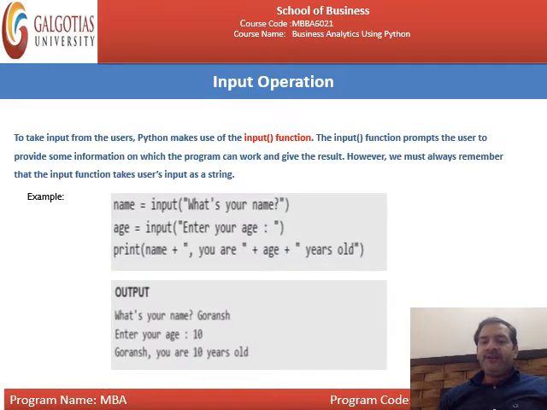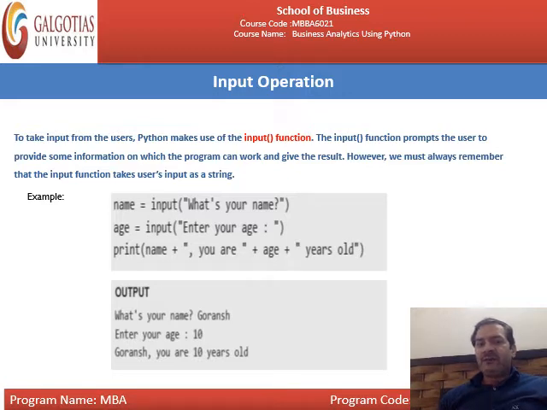Next is the input operation. To take input from the user, Python makes use of the input function. The input function prompts the user to provide some information on which the program can work and give the result. However, we must always remember that the input function takes the user's input as a string.